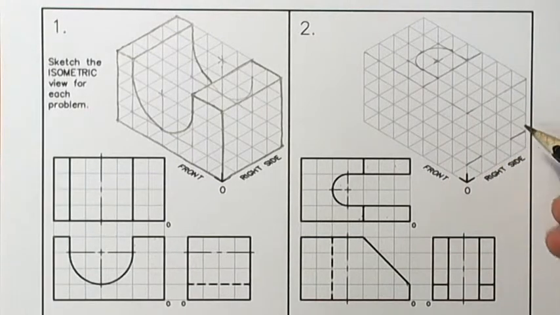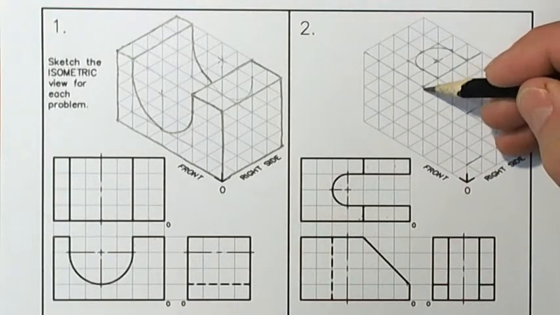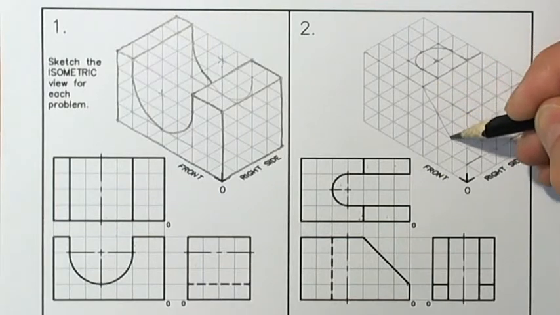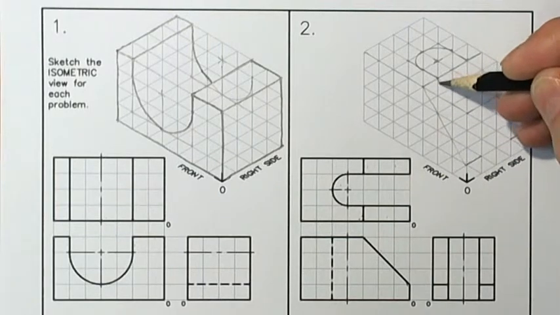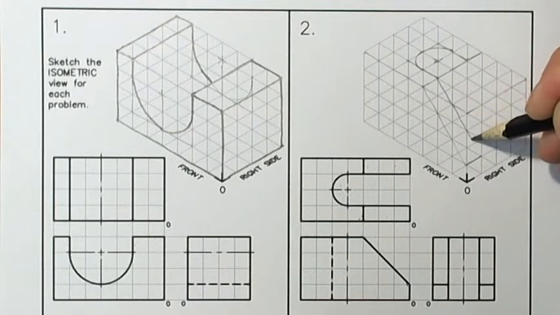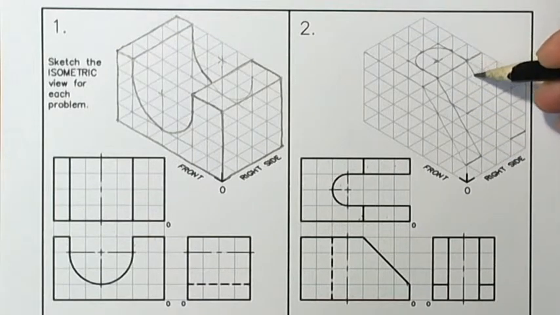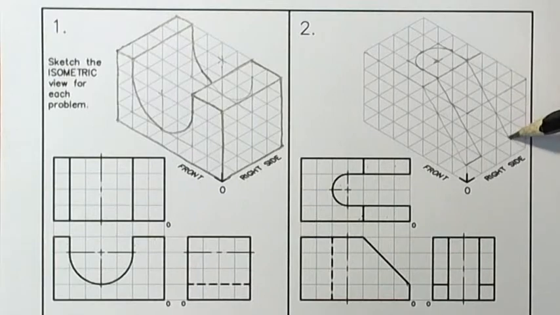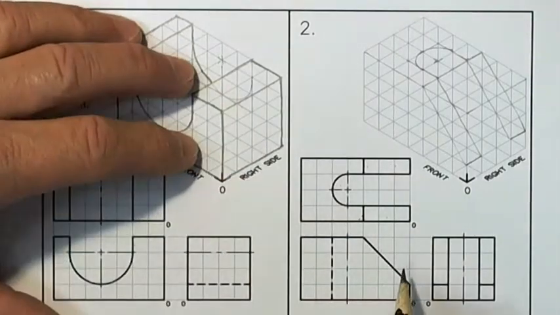So here and here. And if I very carefully draw those with light construction lines, those are the two inclined surfaces.